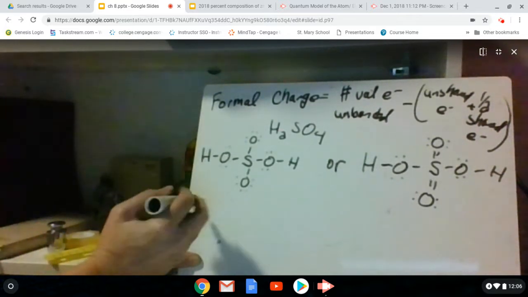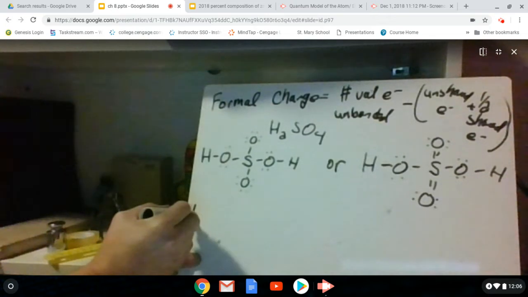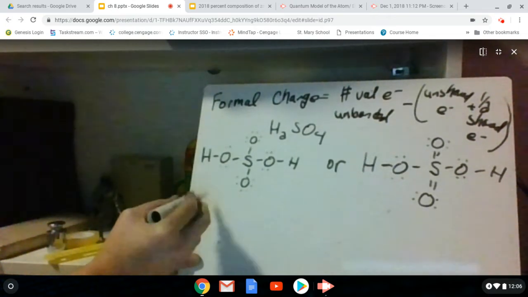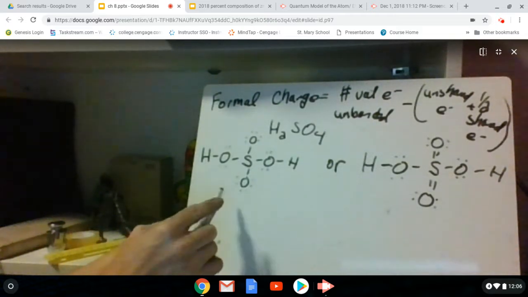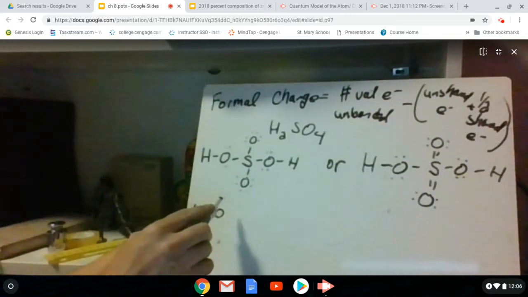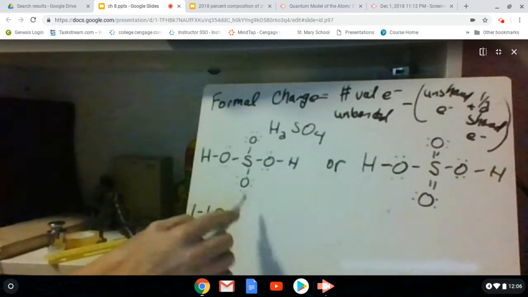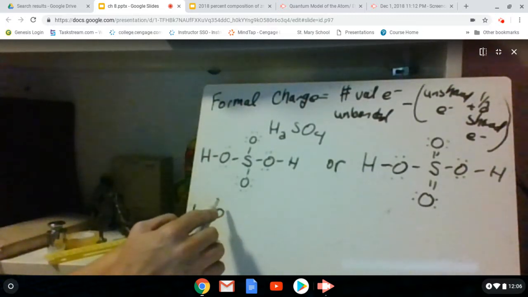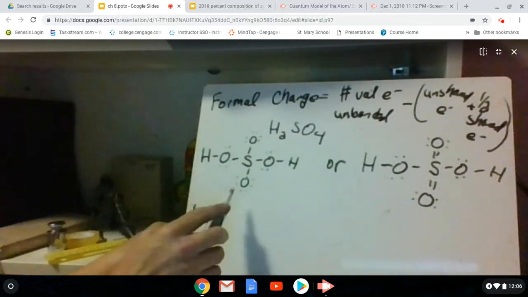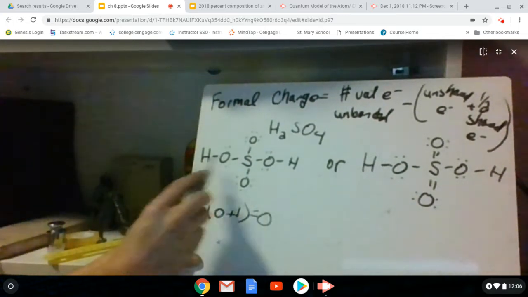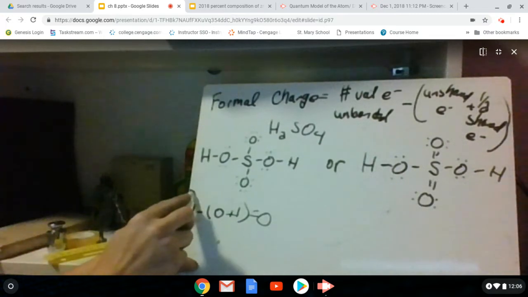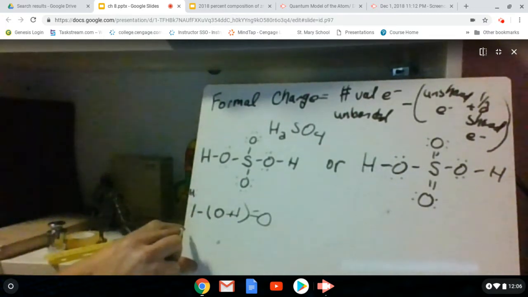Hydrogen has 1. How many unshared electrons does it have? Oh, sorry, unshared electrons is 0. And then half of shared is 1, which means that the H has a formal charge of 0.